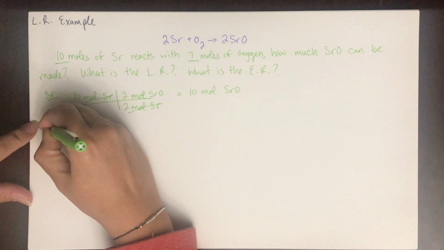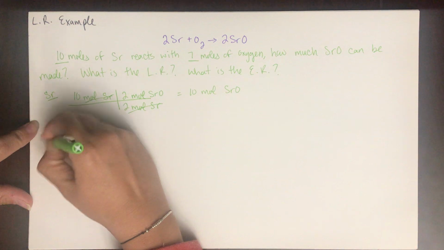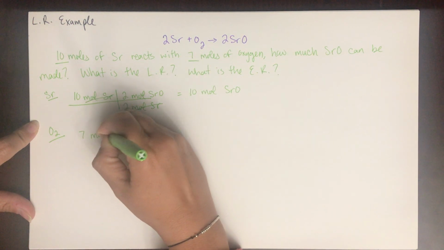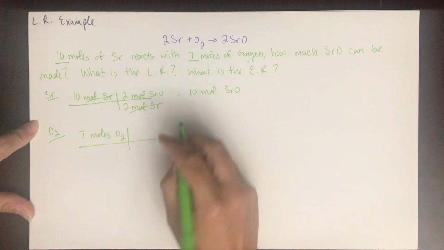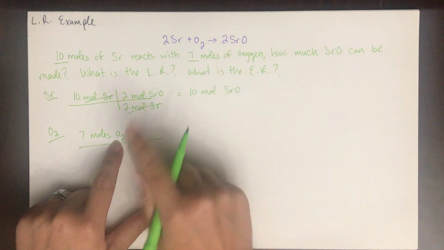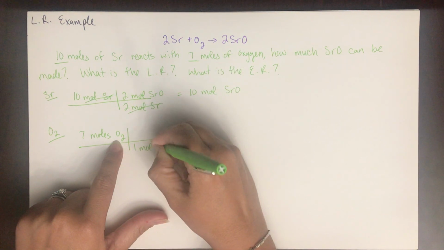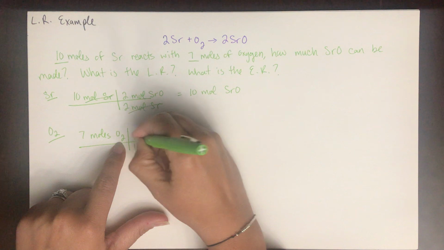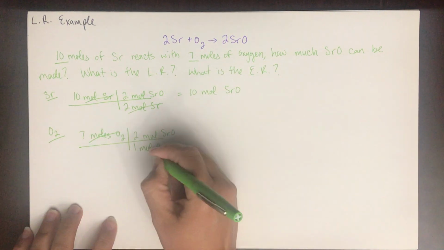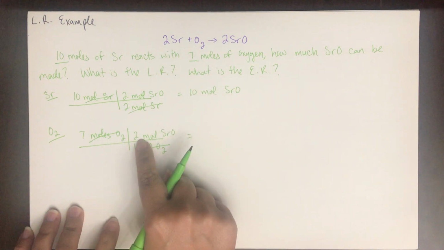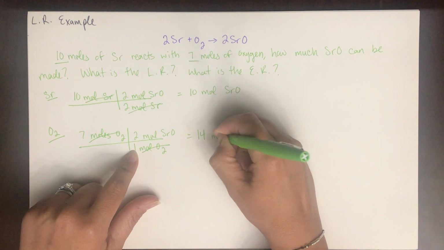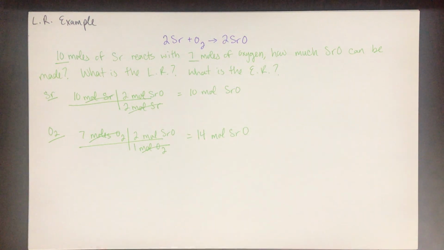Let's look at oxygen. 7 moles of oxygen. The mole to mole ratio for oxygen and strontium oxide is that 1 mole of oxygen will produce 2 moles of strontium oxide. Moles of oxygen will cancel. 7 times 2 is 14. 14 divided by 1 is 14. 14 moles of strontium oxide.